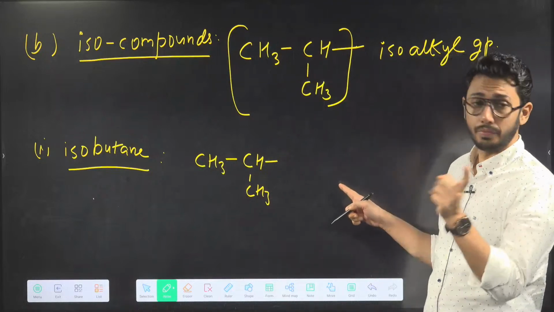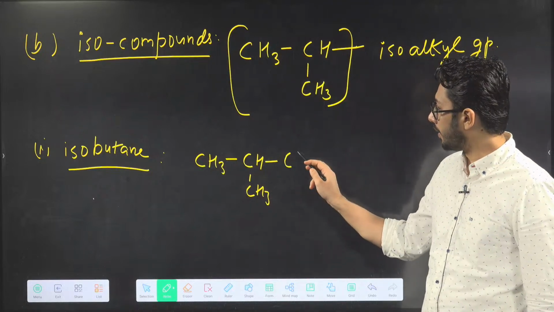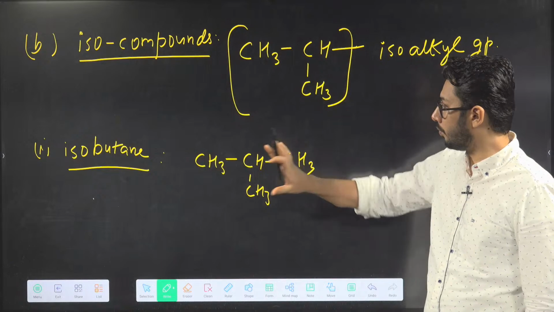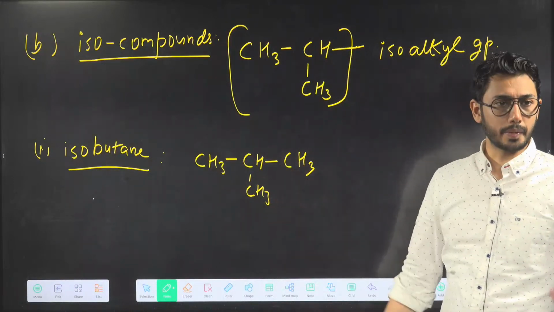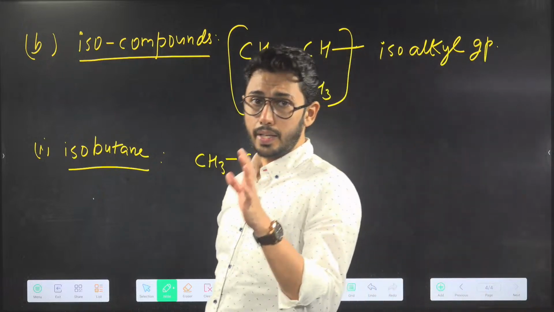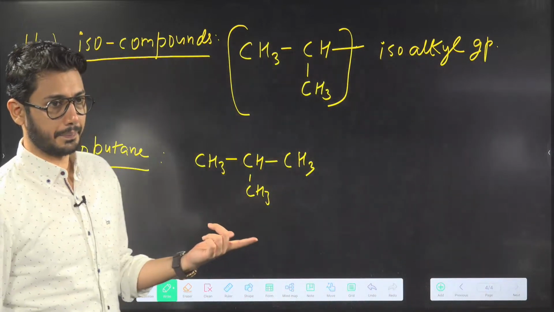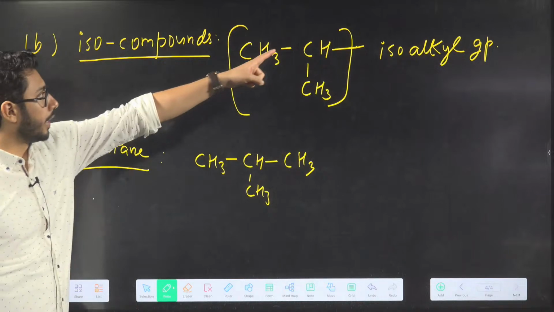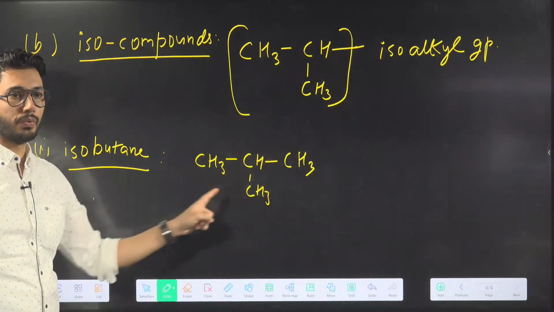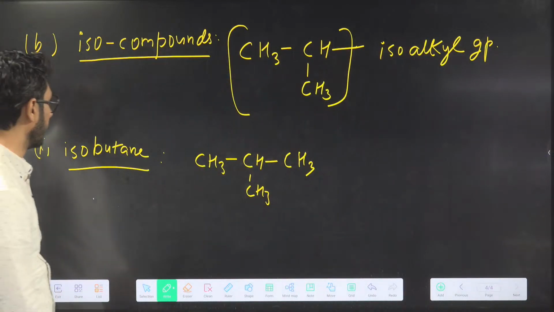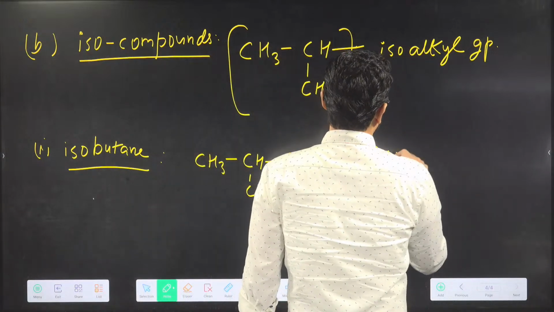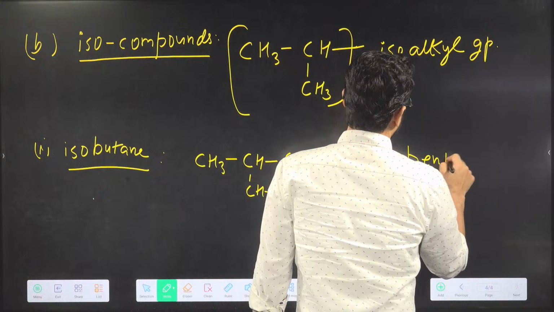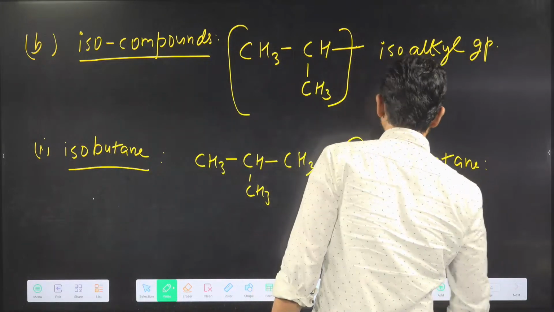So you will write 1 carbon only like this, and this becomes total 4 carbon. In the straight chain on second carbon there is methyl group. It is isobutane. Iso, total carbon 4, butane. Now you can try next one. Isopentane. Try to write it.